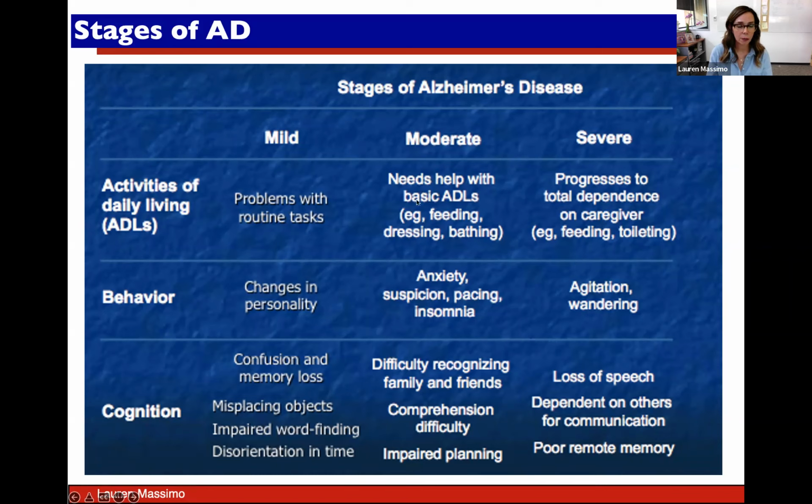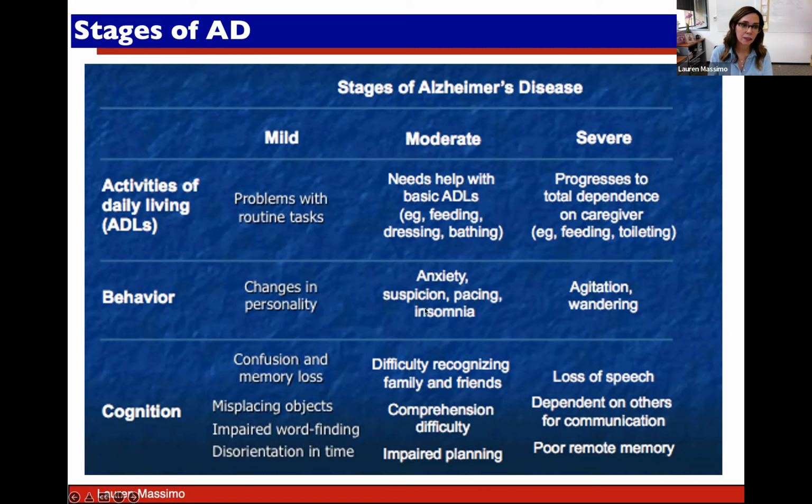As the disease progresses in the moderate stage, people become more dependent on their loved ones or other people for their activities of daily living. At this point, they may need some help getting their arms into their shirt or getting their shirt over their head, and some hands-on assistance with bathing. Individuals in the moderate stage may have difficulty interpreting their environment, and this can make them feel fairly anxious.